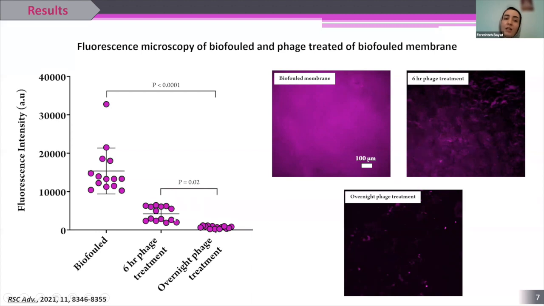We stained the biomass for the biofilm membrane and for the phage-treated membrane. As you see in the fluorescent microscopy images, the biofilm mass decreases after 6-hour phage treatment, but overnight phage treatment was more effective in decreasing the biofilm mass.